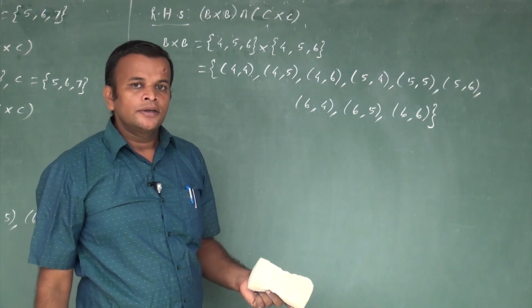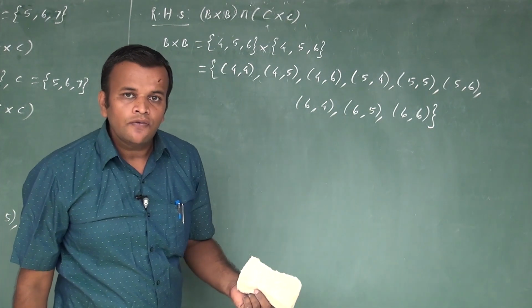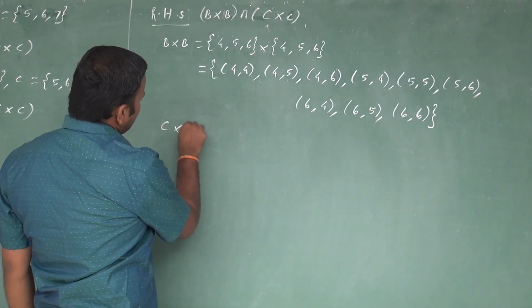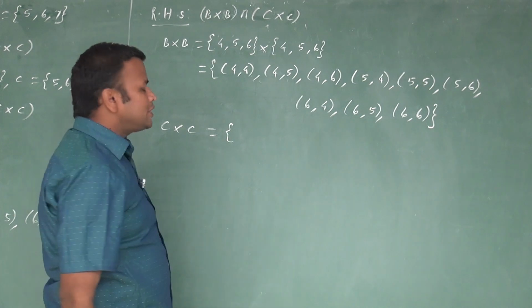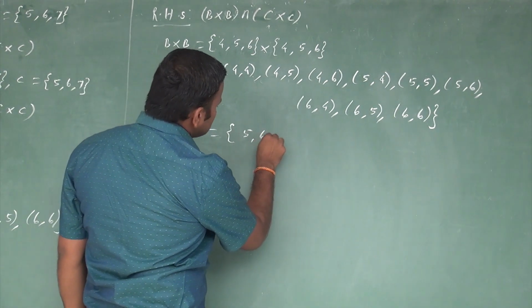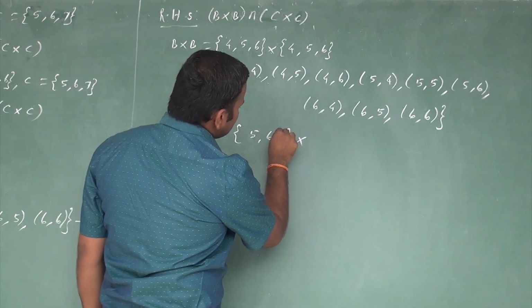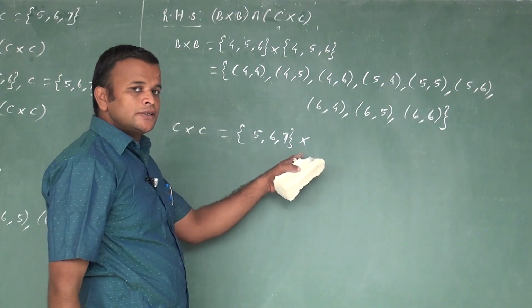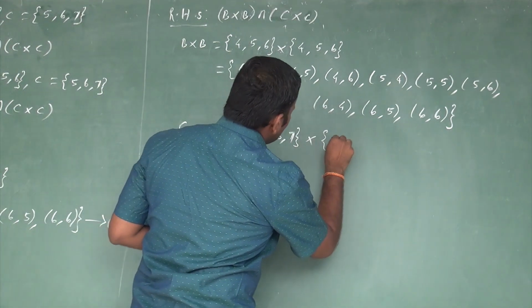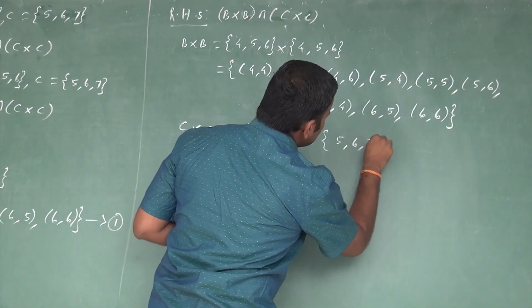Next we find the Cartesian product of C cross C. What are the elements in C? The elements in C are 5, 6, 7. Cross, again the set C, so we do the same work: 5, 6, 7.